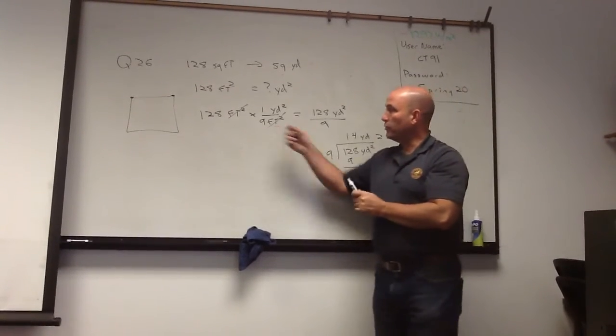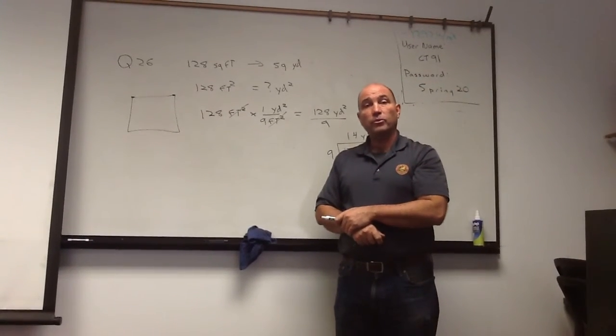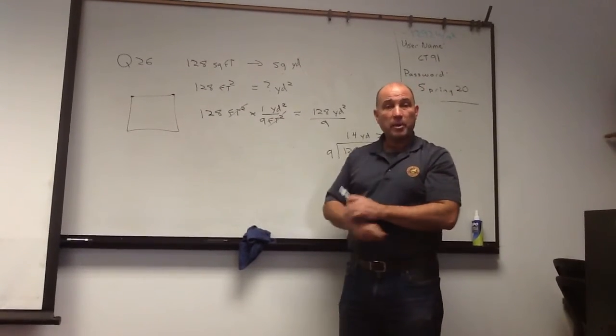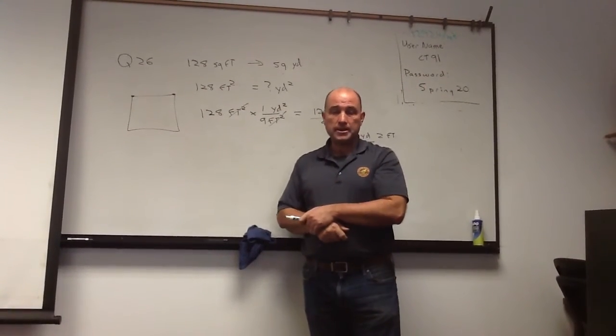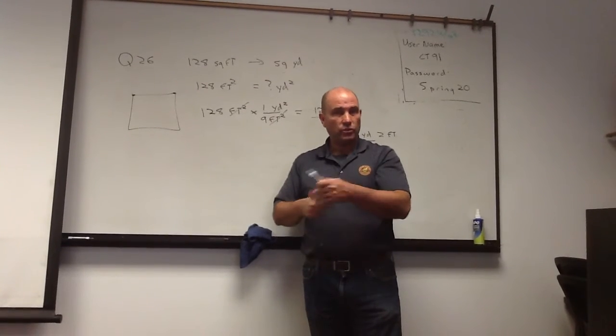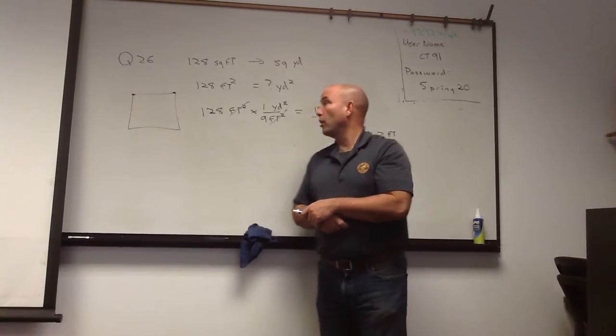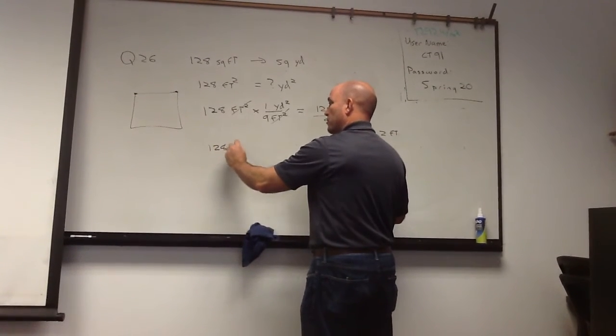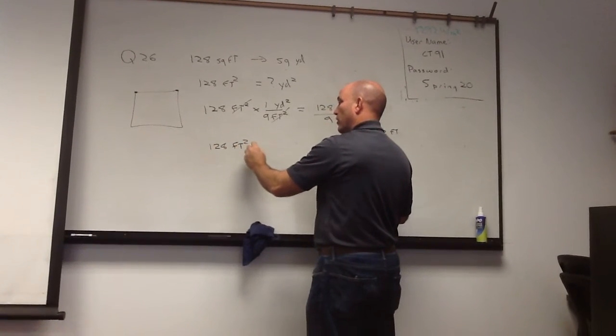Now, what if you didn't remember how many square feet were in a square yard? Again, you might remember that, but if you look in your work, there might be ones that you don't know. So again, like we were talking about, if I can't remember that, that's okay.